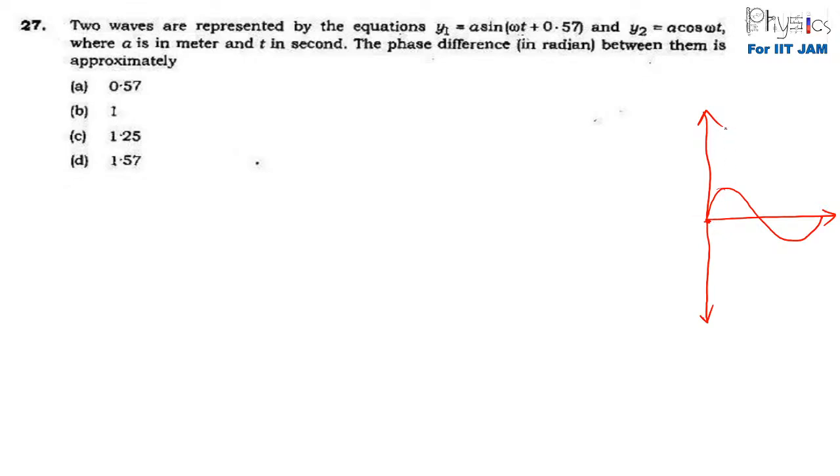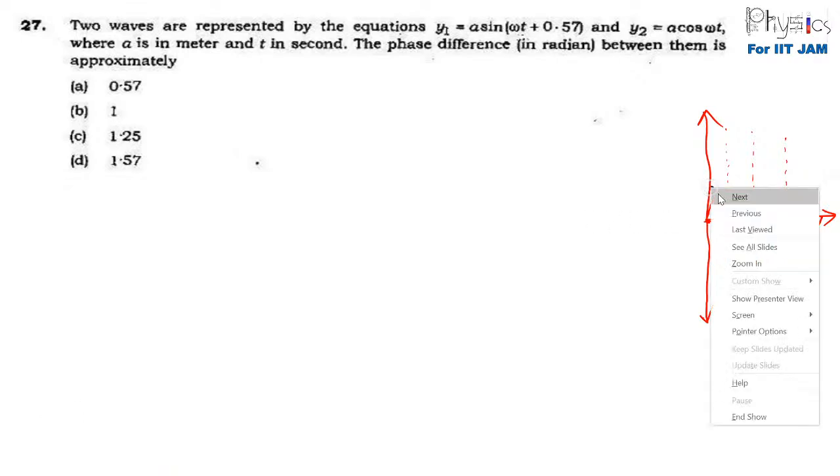And then what would be a cos? The cos would be like this, starting from 1.